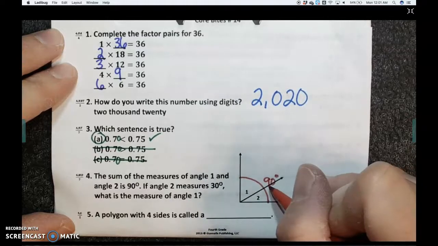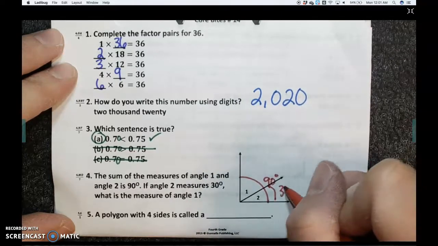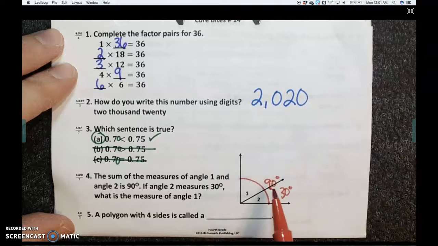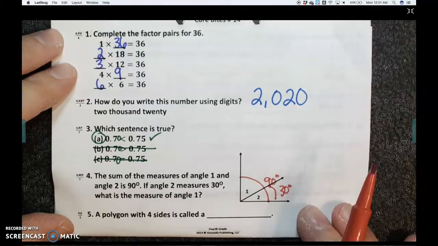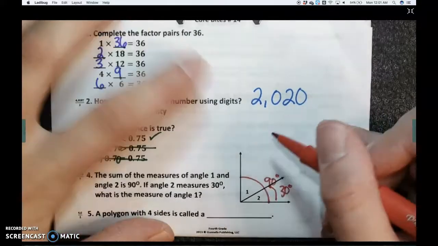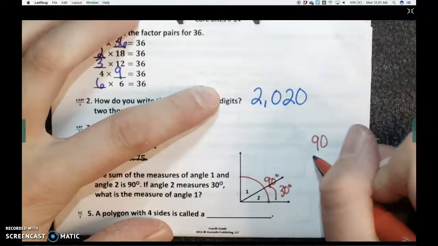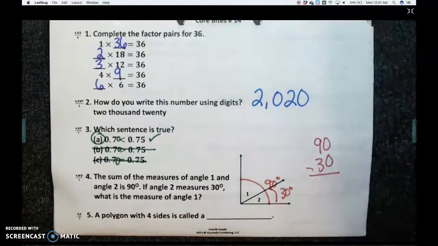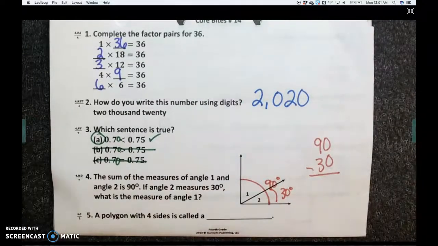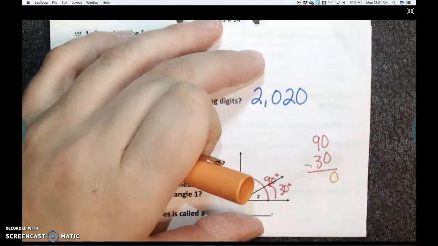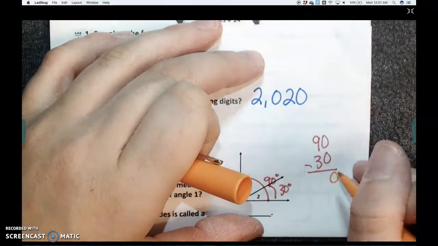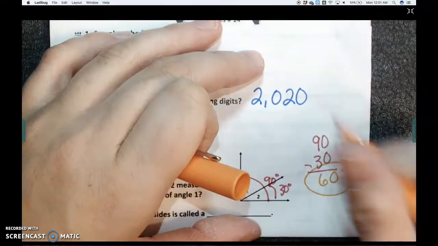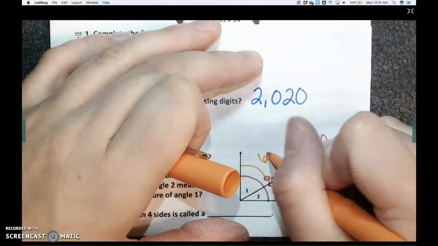So if 90 degrees is your whole, 30 degrees is just angle 2, you have to subtract them to find angle 1. So if you take 90 minus 30 and you subtract it out, so 0 minus 0 is 0, 9 minus 3 would give you 6. So your answer would be 60 degrees.